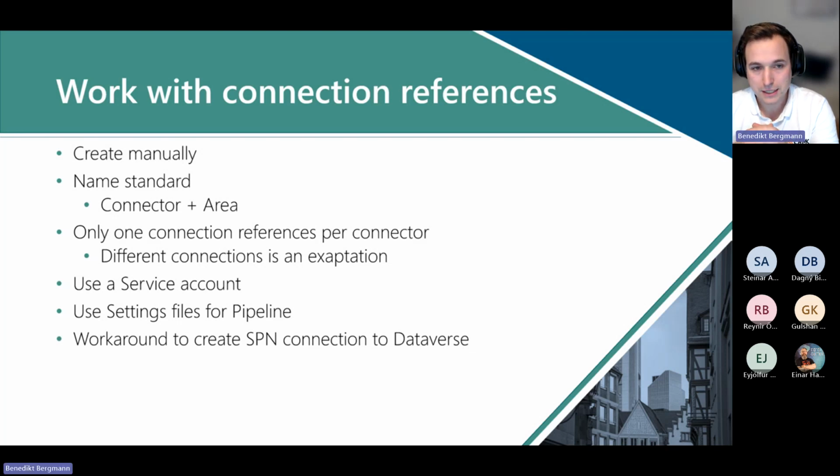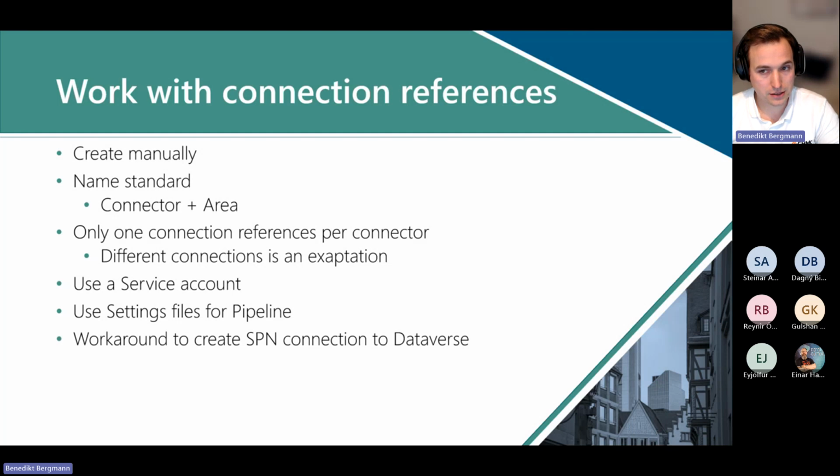There might be exceptions where I need different connections. For example, if I have an integration which should run under a certain user and another integration should run under a different user, then those need different connections because the connection defines the user that is used.